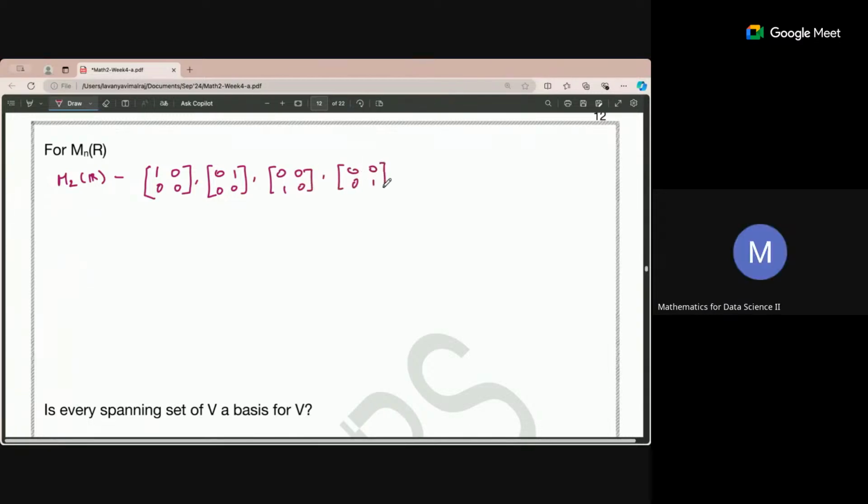Okay, so this is a standard basis for M2 of R. Similarly, you can write for M3 of R. So homework, write it for M3 of R. It is not at all difficult.